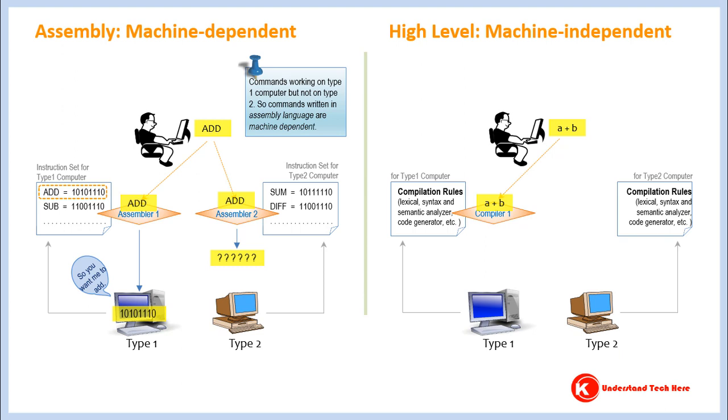Now, the compiler looks at the compilation rules and, following the rules here, converts the addition command into this. Now, this combination of ones and zeros goes to the computer. From this, the computer knows that it is being asked to do addition.